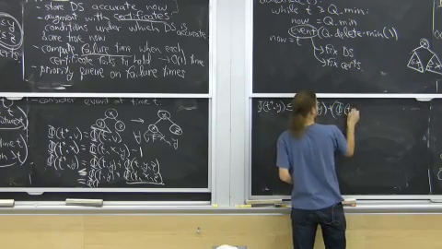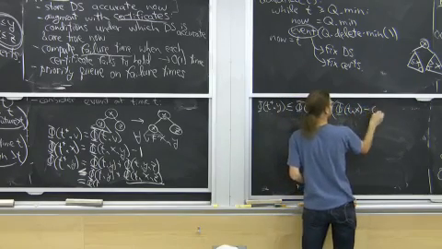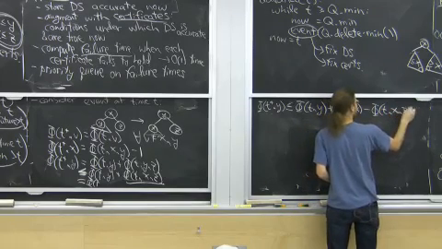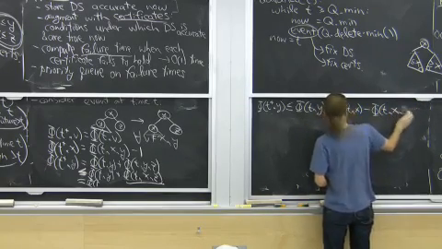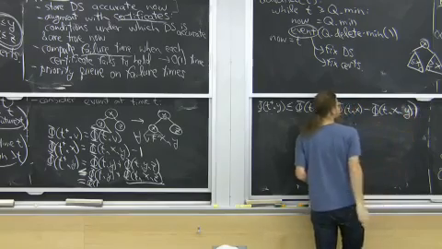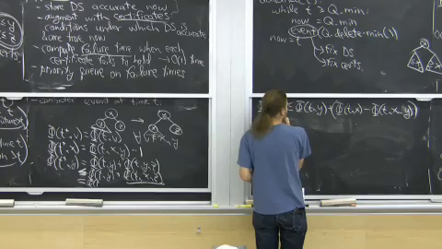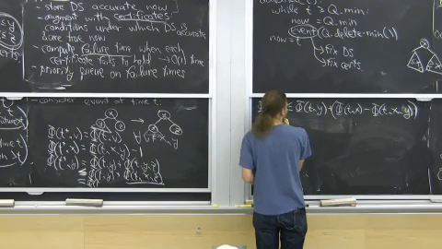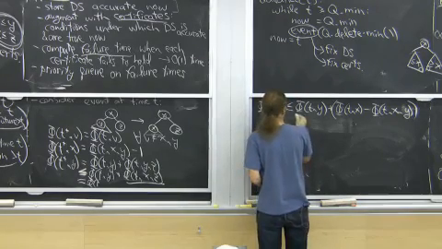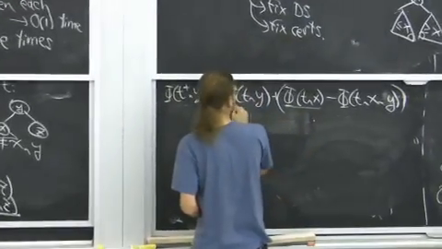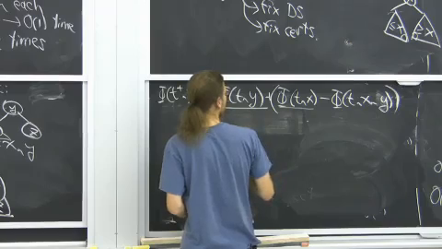But now that is the same as phi of tx minus the other child, y. OK, that was just that equation. Now, do things simplify? I hope so. Phi of ty. These two things.